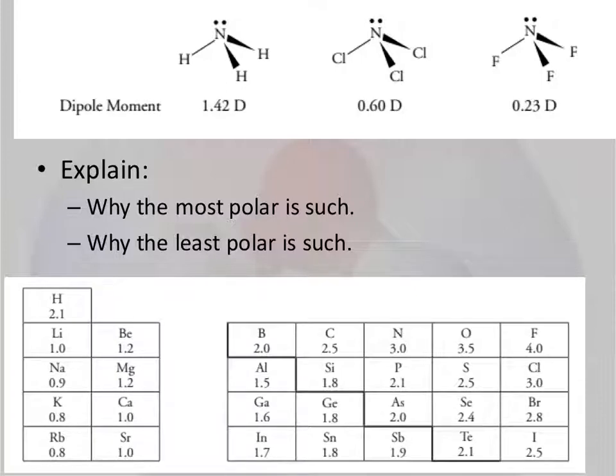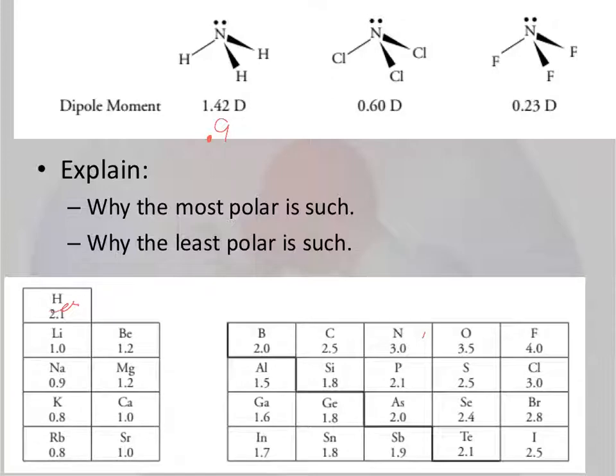This first molecule has hydrogen and nitrogen in it. Those values are 2.1 over here and 3 over here. So the difference in electronegativity between that molecule's atoms is 0.9.